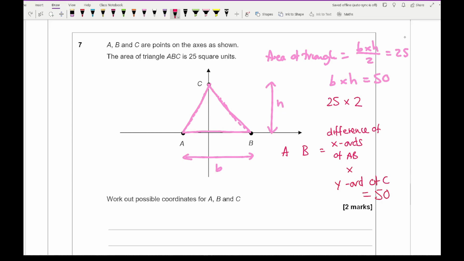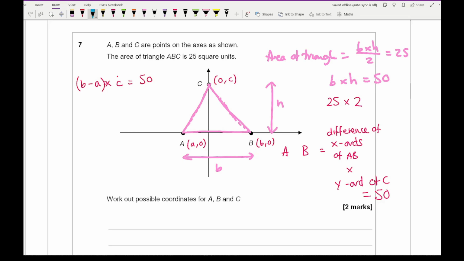And you also need to make sure that A and B have got y ordinates of 0. So if I write down A as (A, 0) and B as (B, 0) and C is going to be (0, C), then the difference B minus A, multiplied by C, needs to add up to 50. And all you need to do is make up numbers that fit this category, but remember that A needs to be a negative number.